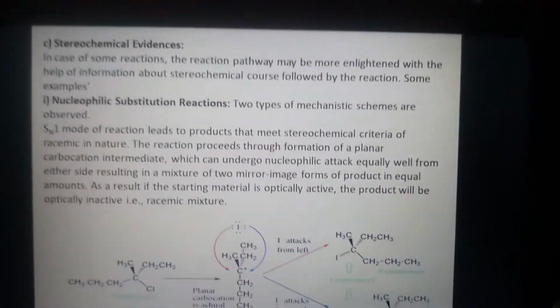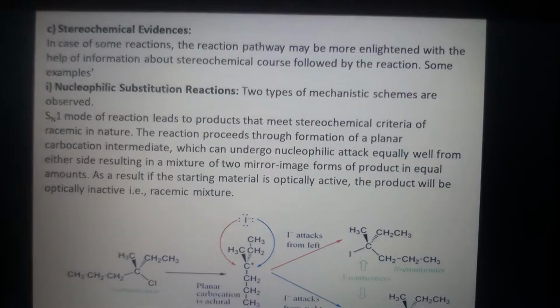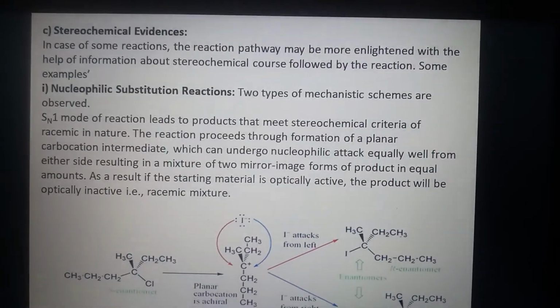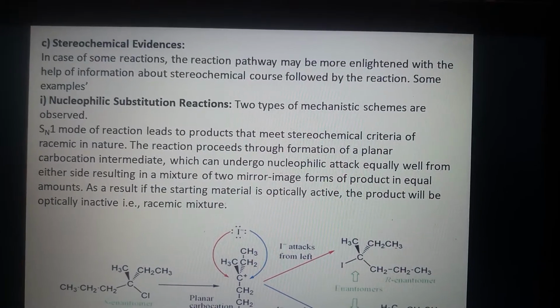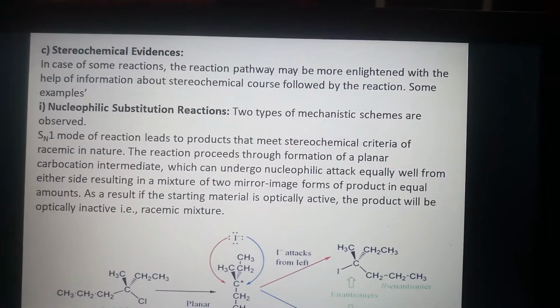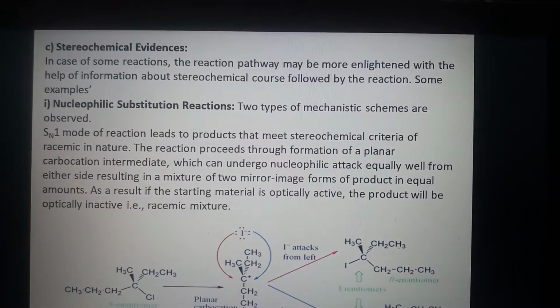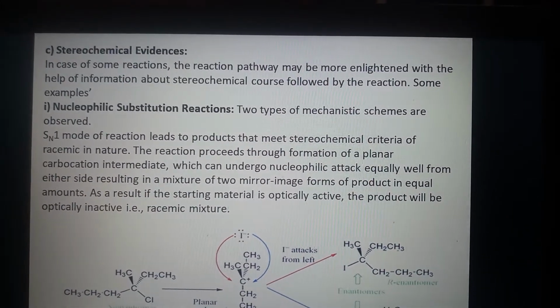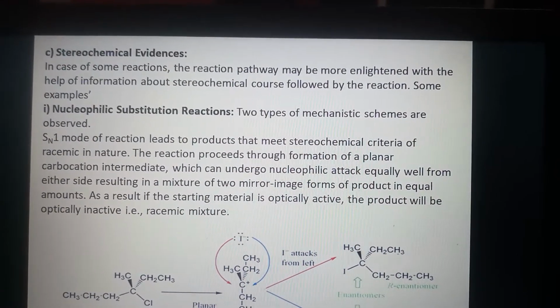Now there are some other evidences, stereochemical evidences. In the case of some reactions, the reaction pathway may be more enlightened with the help of information about the stereochemical course followed by the reaction. Some examples: nucleophilic substitution reactions.